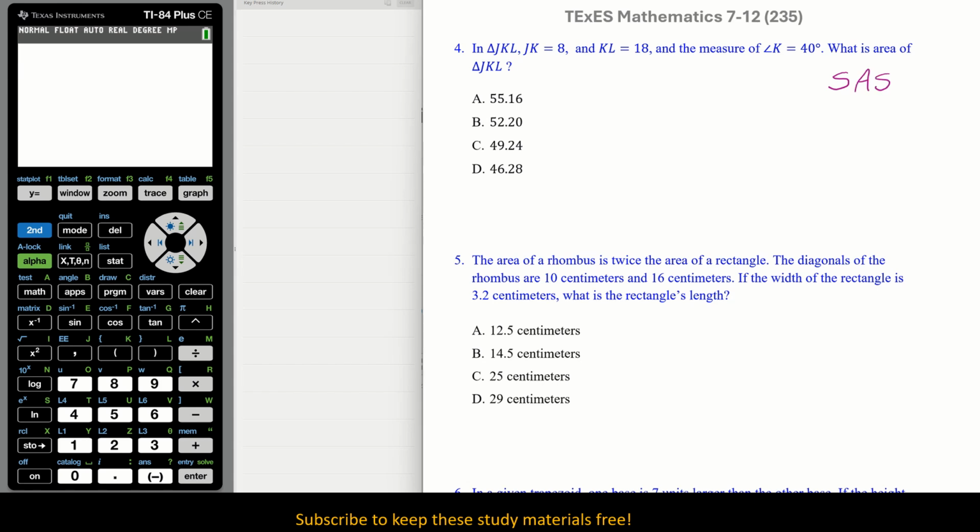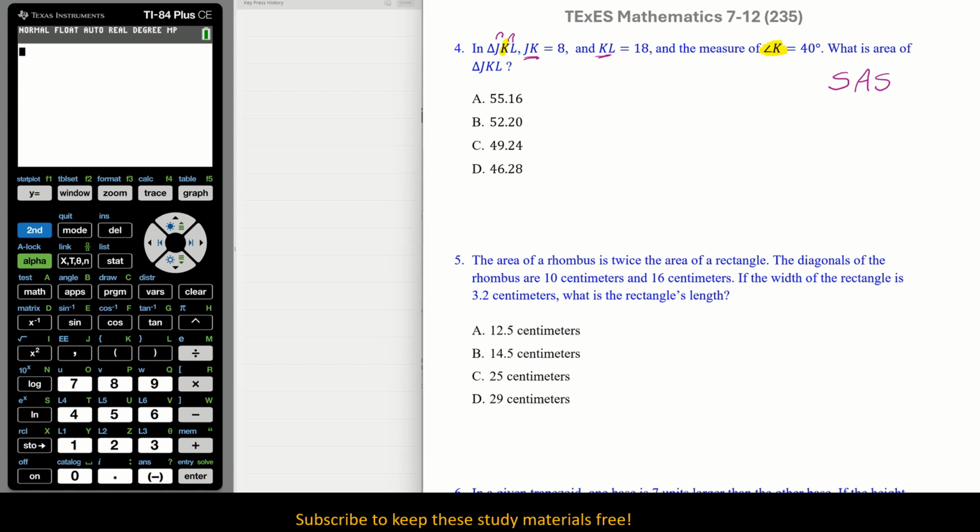Well, first off, this angle K here, it's in the middle, okay? And then I see that we have a leg from J to K, and then from K to L is the measure of the other leg. So what we have is the side measure, the angle, side measure. So I know that without drawing it. You can draw it if it makes you feel comfortable. But I just realized that from the notation.